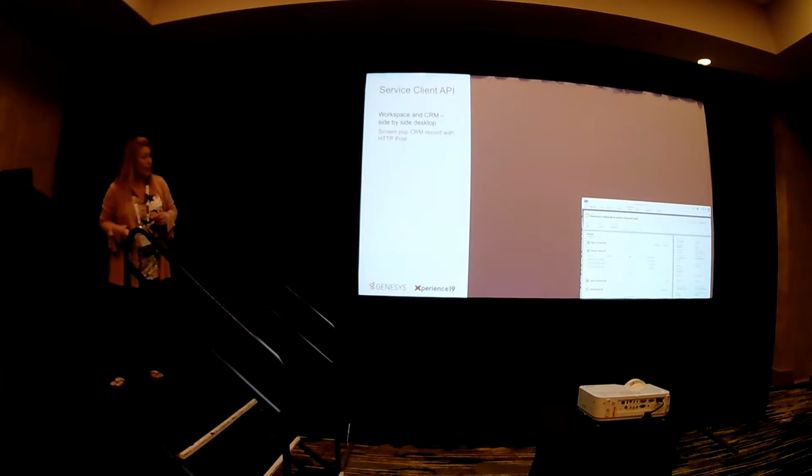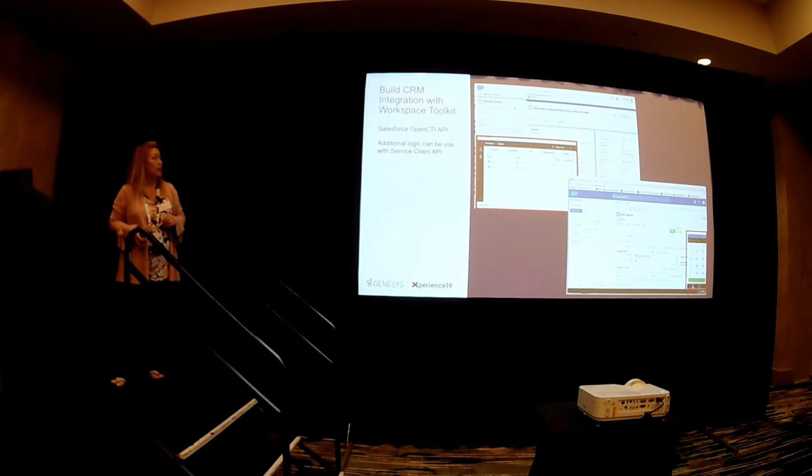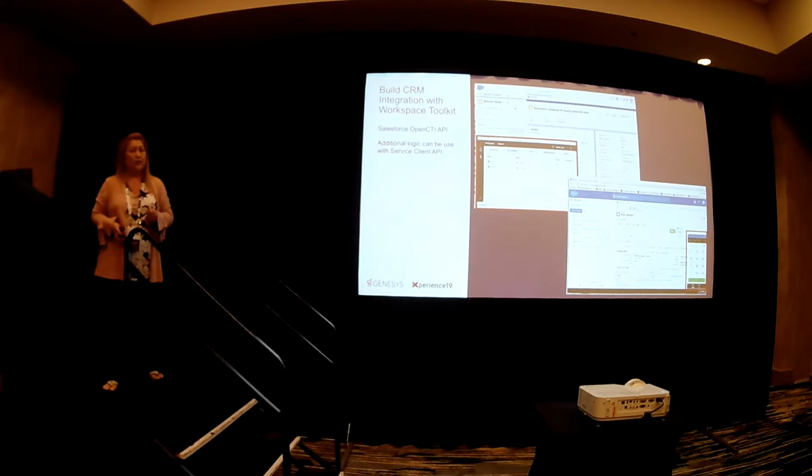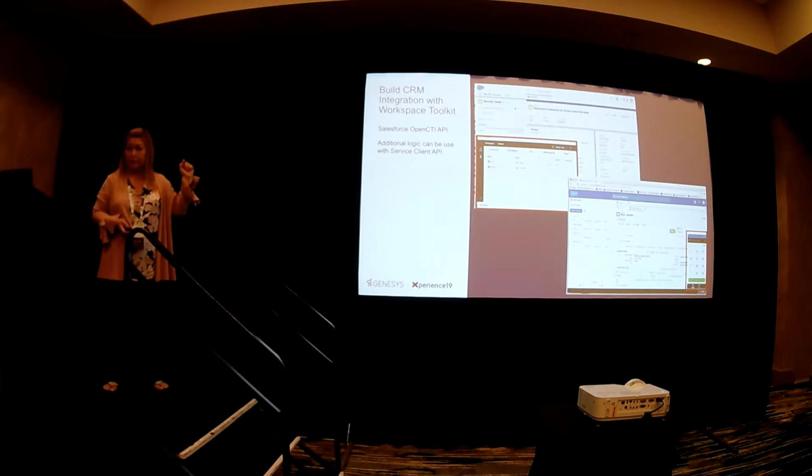The second one that we have is, of course, building CRM with Workspace Toolkit. As you can see here, this is an example of our internal G+ adapter that we built.